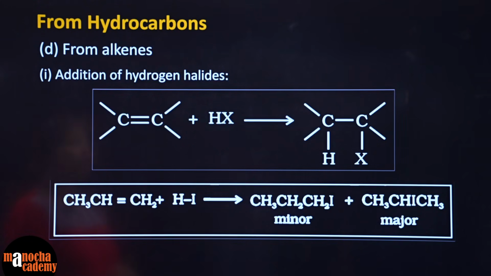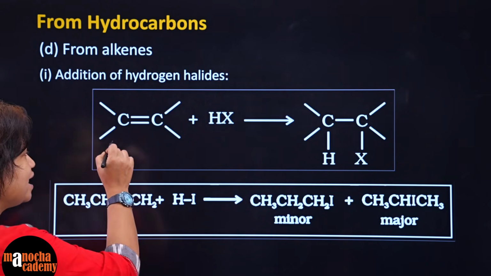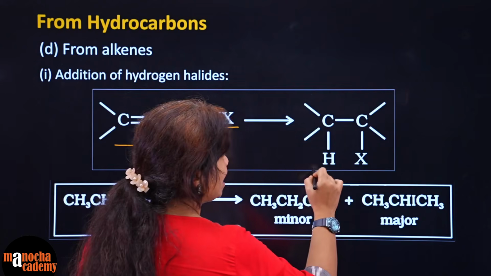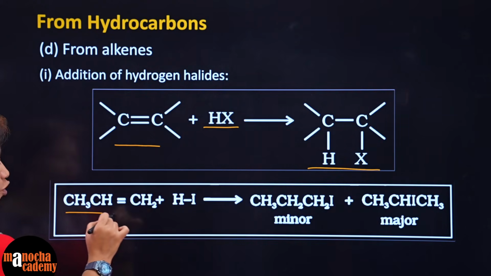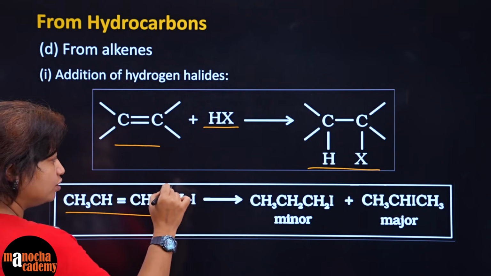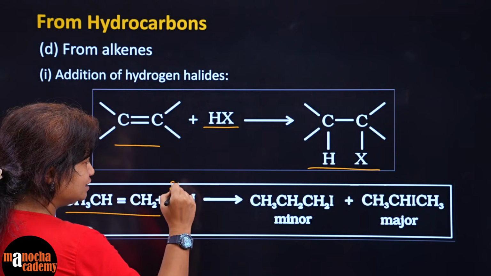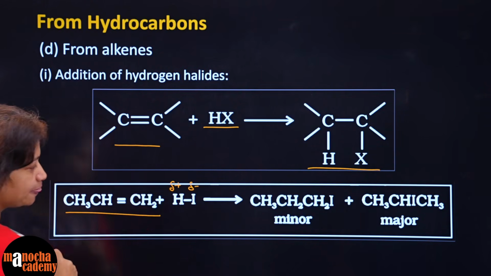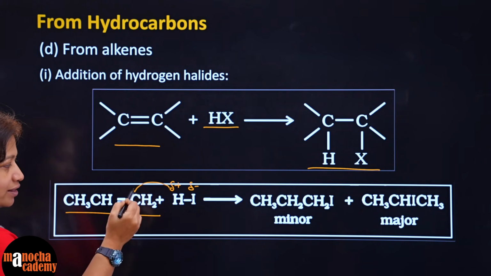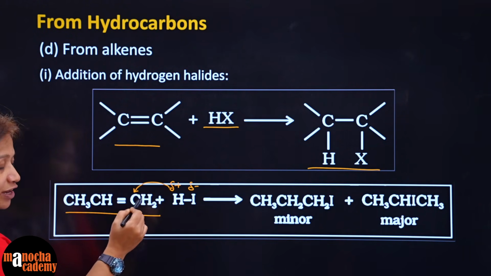Now, how do you prepare from an alkene? It's again a class 11 concept. You take any alkene, you add any halo acid, and you get the haloalkane. If you are using propene, it follows Markovnikov's addition. I repeat all these class 11 concepts, delta plus, delta minus. The positive part of the addendum adds to the carbon atom having more hydrogens.